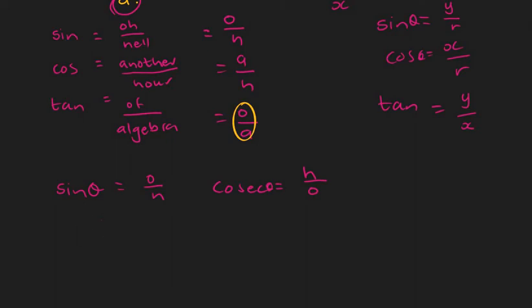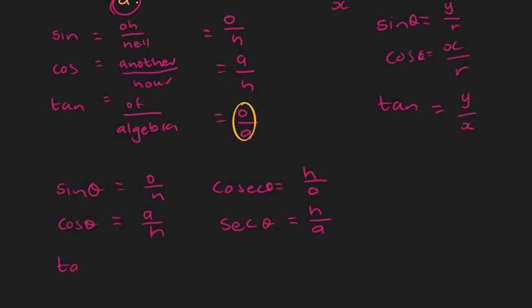Cos theta we know is adjacent over hypotenuse. Now sec is the reciprocal of that, which is hypotenuse over adjacent.